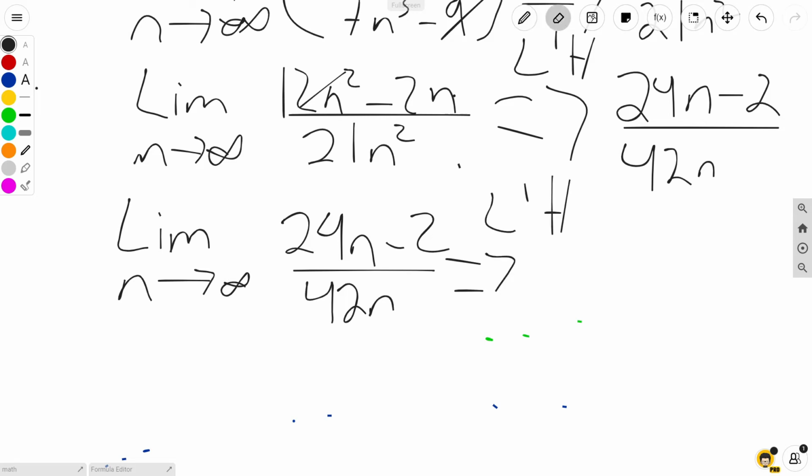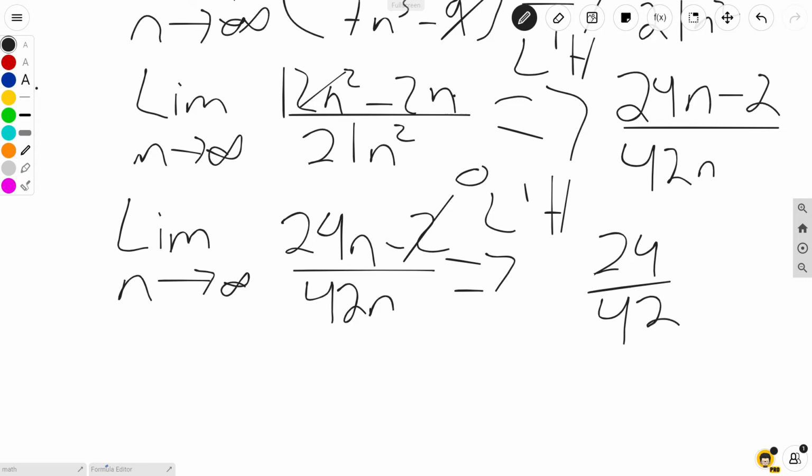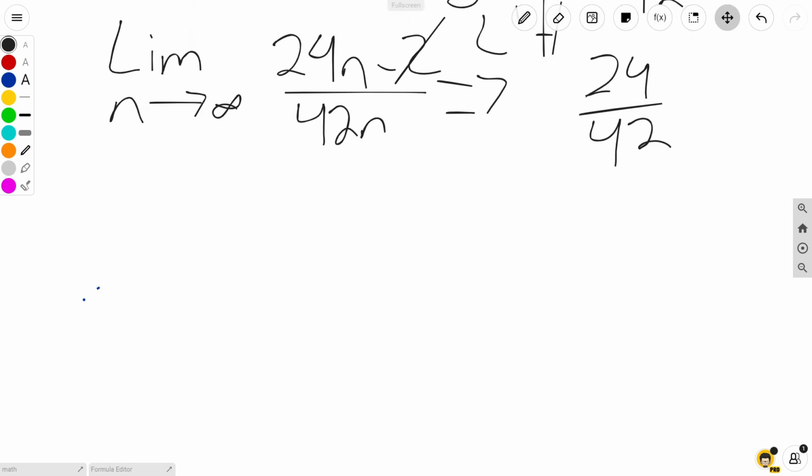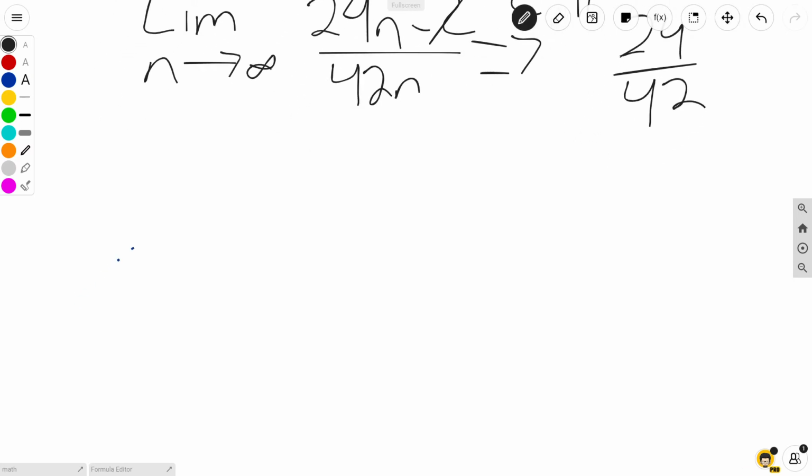I'm going to go ahead and clean up all these dots. And basically, whenever we apply this, the derivative of 2 is 0, the derivative of 24n is just 24, the derivative of 42n is 42, and that's our final answer. Not yet though, because we do have to simplify this, noting that these are both even numbers that can be simplified.